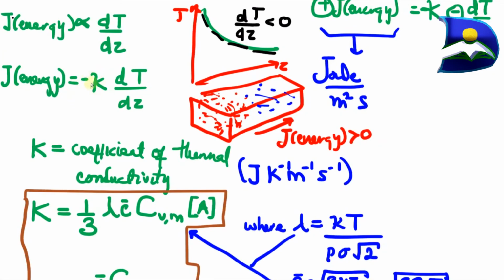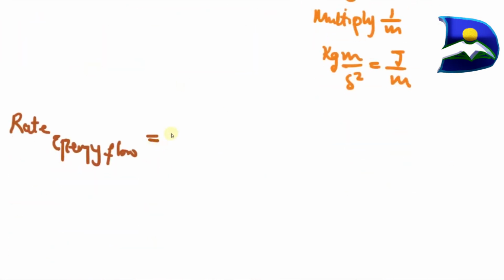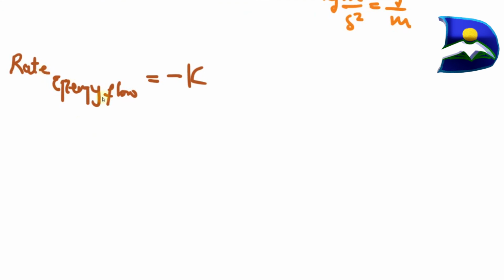It shows a negative value for our K, and so therefore this is equal to negative our thermal conductivity, and this is going to be multiplied, based on looking at the unit, knowing that the rate will have to be shown as energy per second.